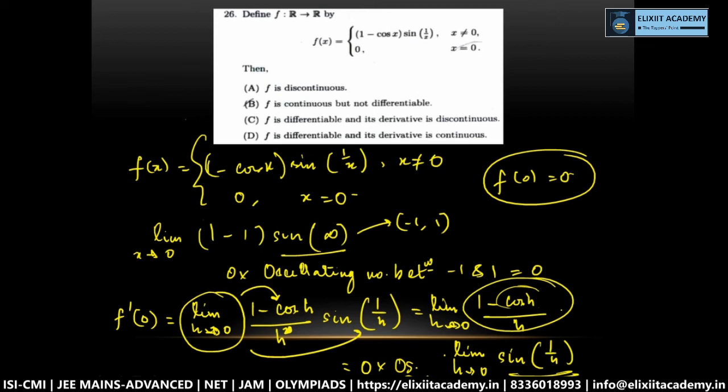But there is no option in which you have continuous and differentiable, and its derivative is continuous. This is what they have mentioned. So you have to check 3 cases. One is the continuity, second is the differentiability of this function, and then the continuity of the derivative of this function, which means continuity of f prime x.